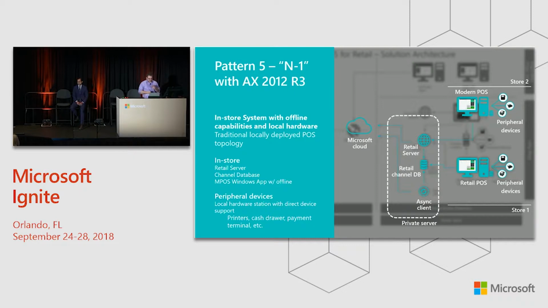So the next piece out of that is what we've colloquially, in historical sense, called N-1. What it really is the connection to enterprise point of sale and modern point of sale in 2012 R3. Specifically with 2012 R3, customers that are currently on it can connect to a 365 environment.